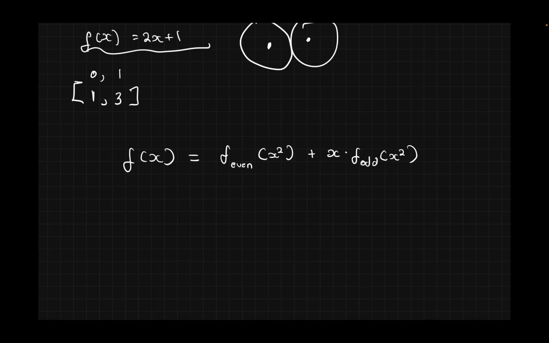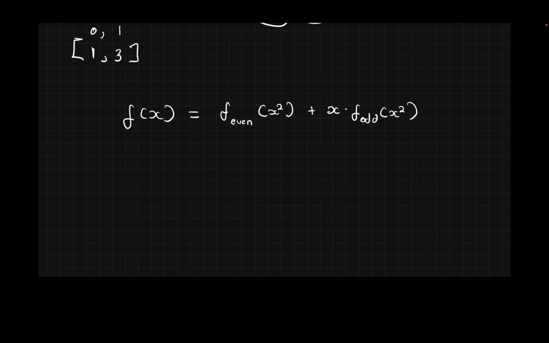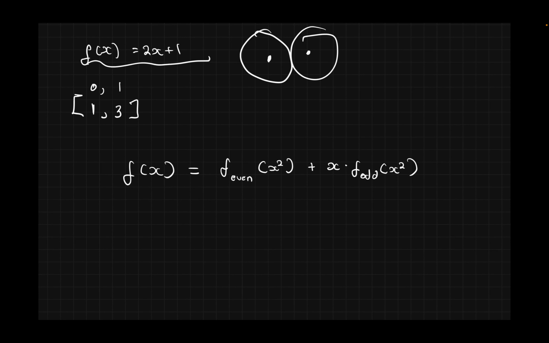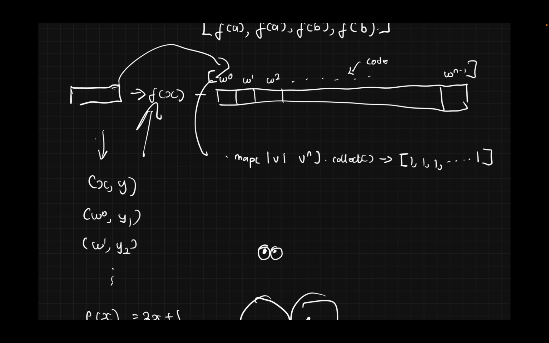This is another way to write it. I will go into detail as to what f even is and what f odd is. This is representing the same polynomial. This f of x is basically your first code word, right?